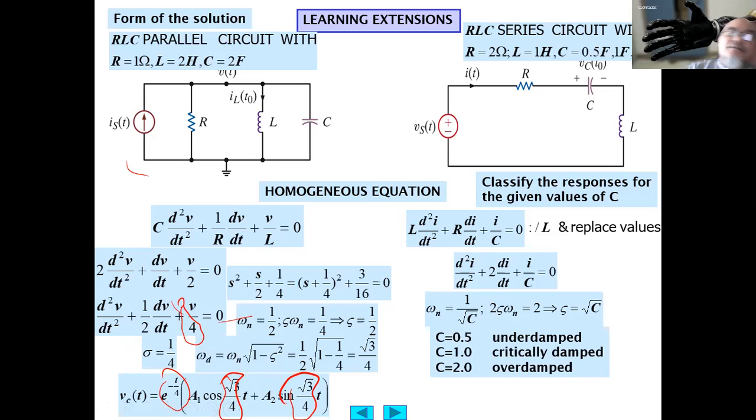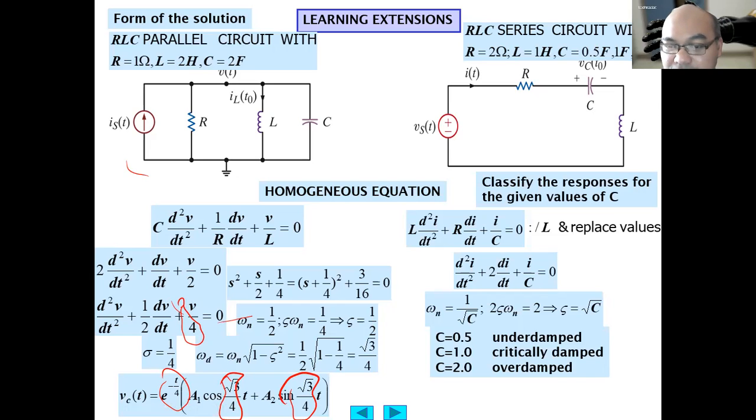So from this case, if the capacitance is 0.5 farad, the square root of 0.5 is less than 1. So we will have the underdamped case, the second case. If C equals 1 farad, then we have zeta equal to 1, in which we have the critically damped case, case number 1.